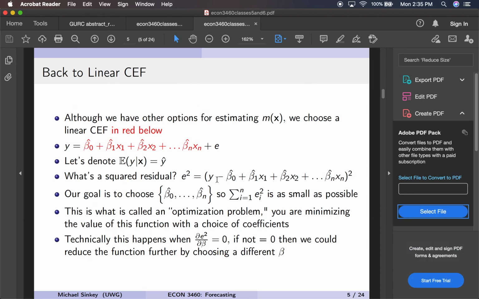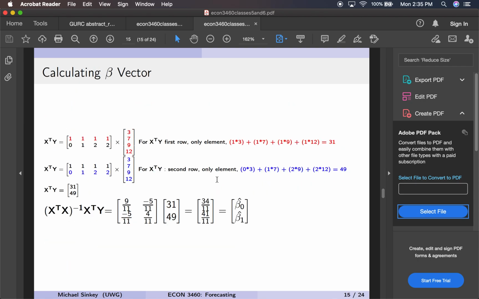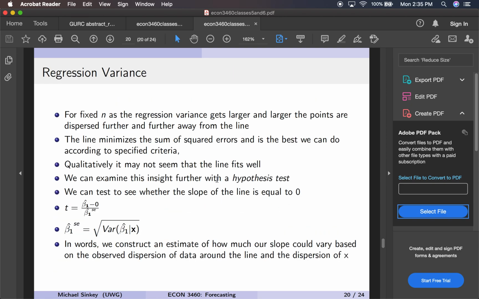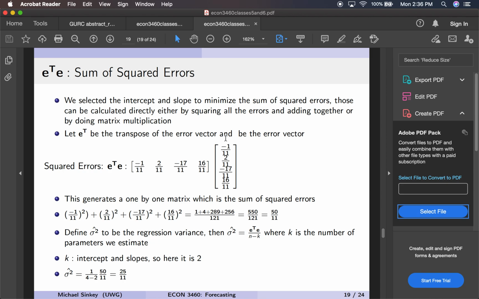Previously, what we did to calculate the standard error, you can see we multiplied the regression variance times x transpose x inverse, and we calculated the regression variance by just multiplying the errors together, making a sum of squared errors, and dividing by n minus k.